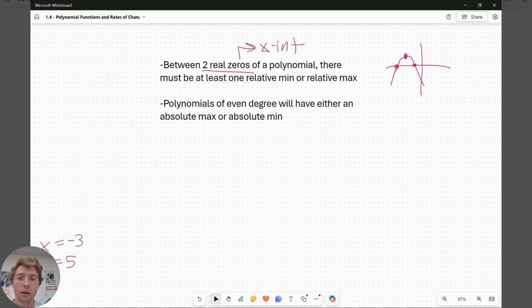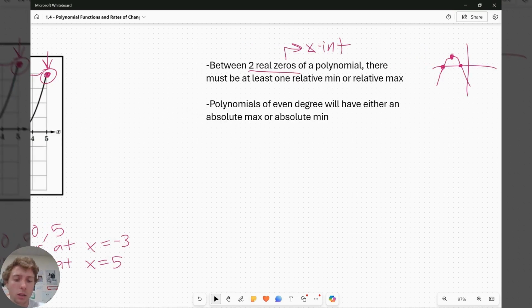We'll just start there. The other fun fact we learned is polynomials of even degree will have either an absolute min or an absolute max. That's an idea we're going to talk a lot more about in 1.5 and 1.6 when we start talking about end behavior and stuff like that. But even degree, one thing you're going to learn in those sections is even degree polynomials, the ends always go in the same direction.